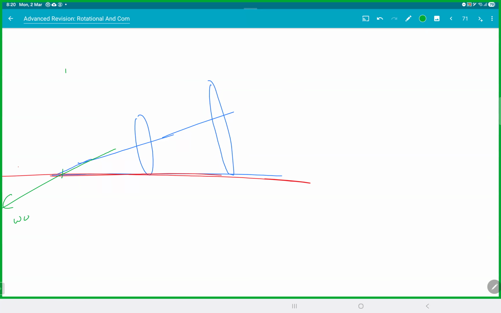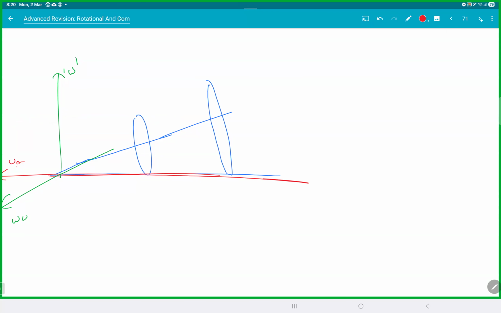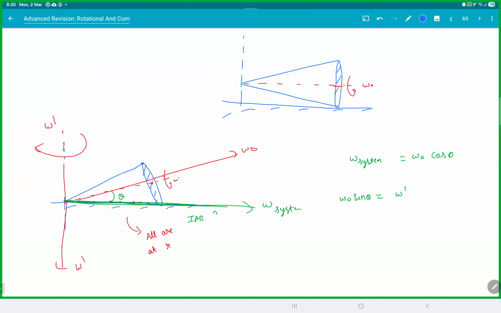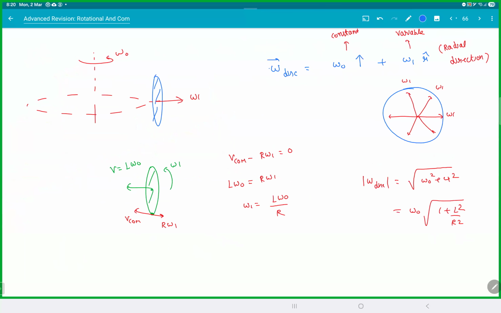And second, you're rotating this way. That is your omega dash. The resultant of the two is the omega of the system, right? So there are two omegas for the system. One is due to this rotation, revolution, and one is due to the self rotation. Clear with this? That is how you can think of the omegas. The question isn't done yet, we still need to find the acceleration.